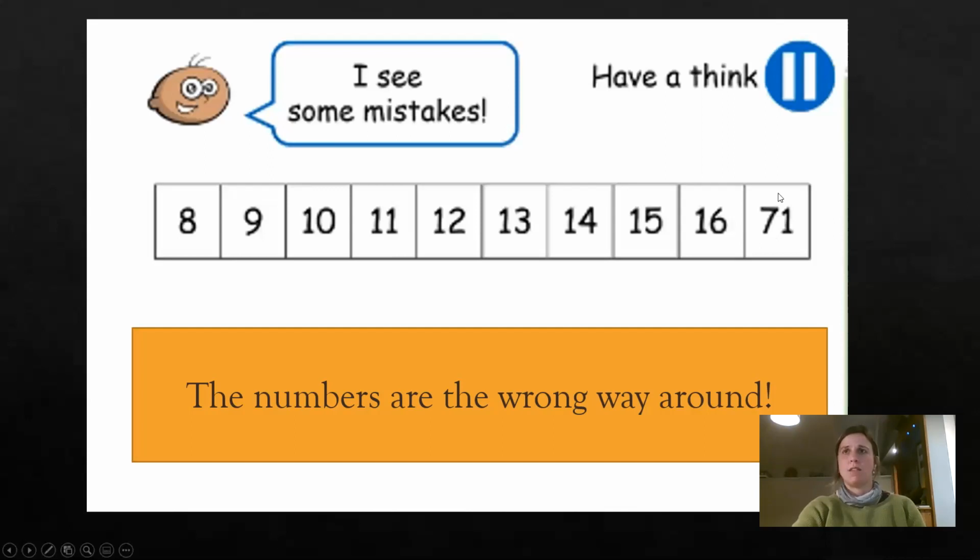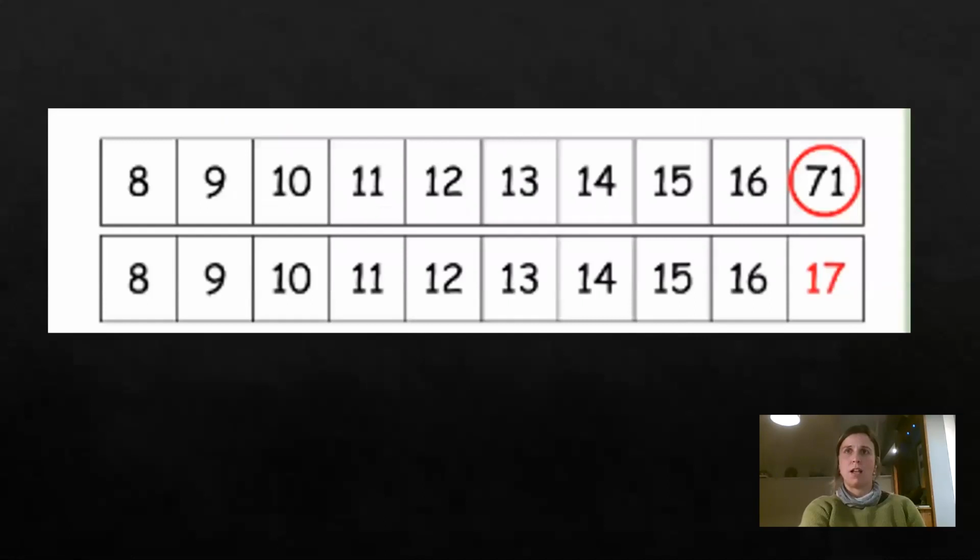Oh, that should say 17, but it actually says 71. The numbers have been put back to front. So remember, the 1 will always come at the beginning. Okay, so it should look like this. That's better. Let's try another one.